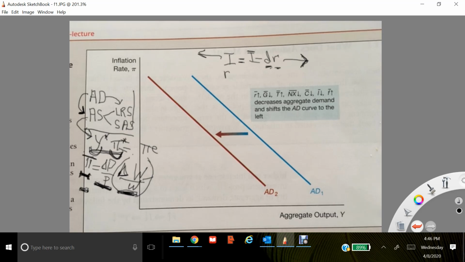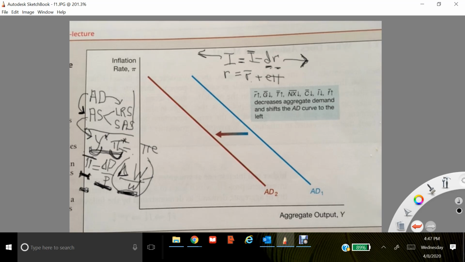Then we introduced a monetary policy rule where the Federal Reserve Board would set the real rate of interest like this.